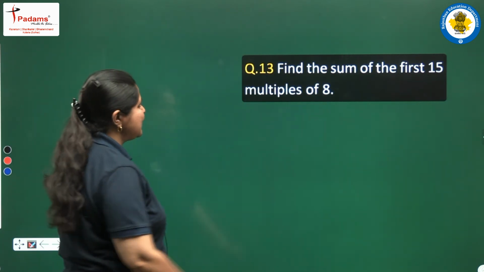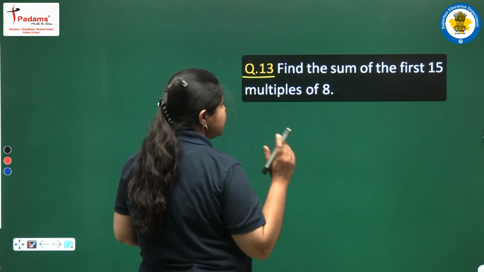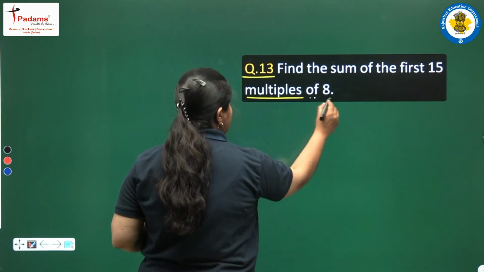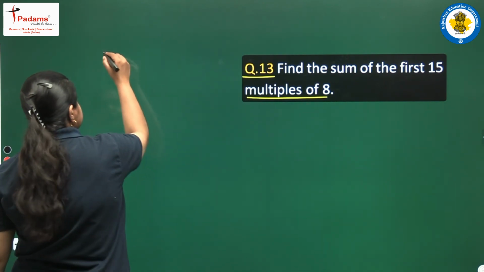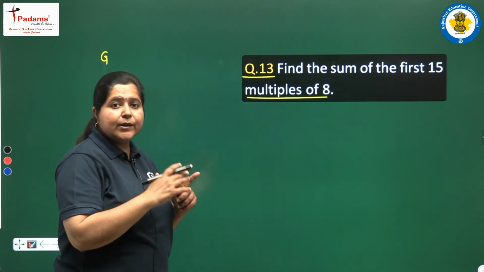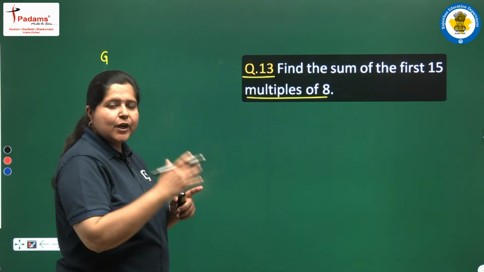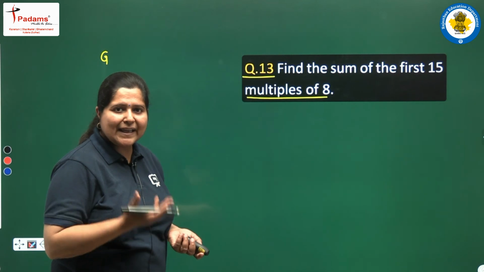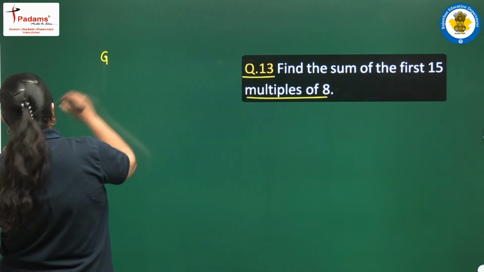Next we take question number 13. Find the sum of the first 15 multiples of 8. Again first we need to write down the list of numbers. We first have to write those numbers, the first 15 multiples of 8, and only then will we be able to find their sum. So we start the solution here.